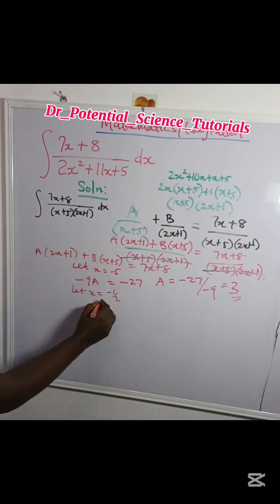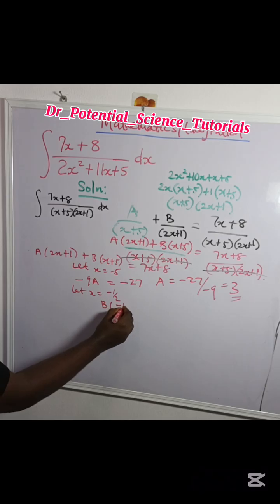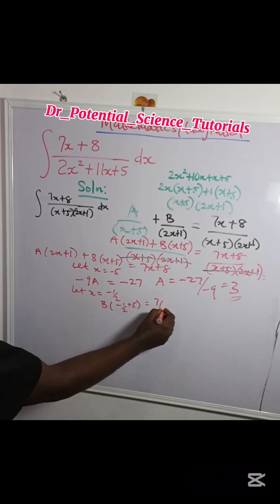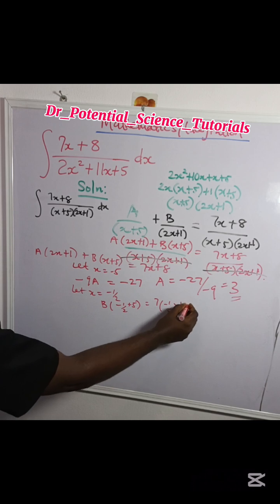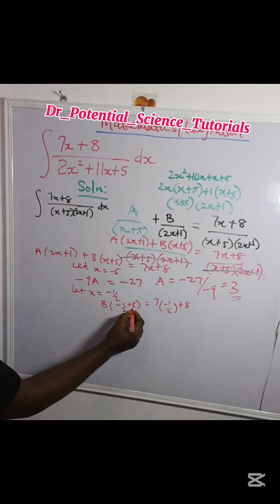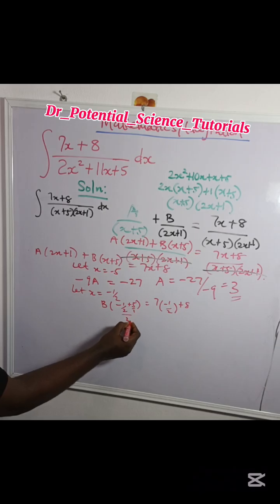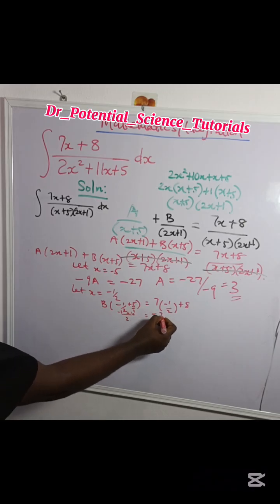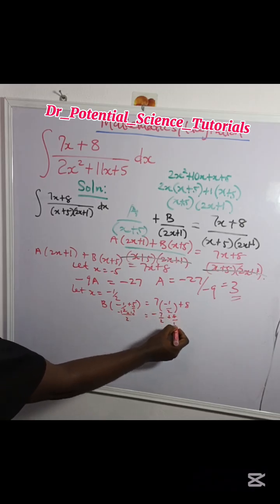So this is going to give us B(minus 1 over 2 plus 5) equals 7(minus 1 over 2) plus 8. If you take your LCM, that's 2. 2 into 1, minus 1 plus 2... 2 times 5, 10 equals, this is minus 7 over 2 plus 8 over 1.